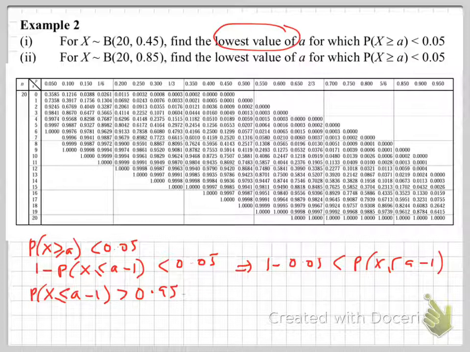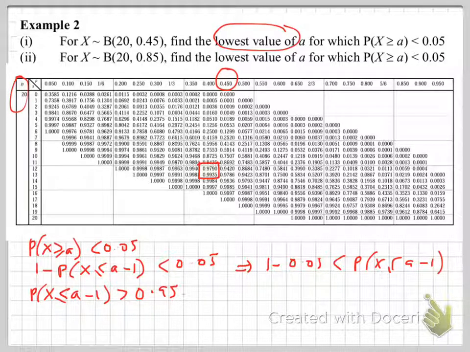So if we look at n equals 20 again and 0.45 for part 1, then we come to 0.95, we can see it lies in the 12, when X equals 12, roughly the X equals 12, 13 region.